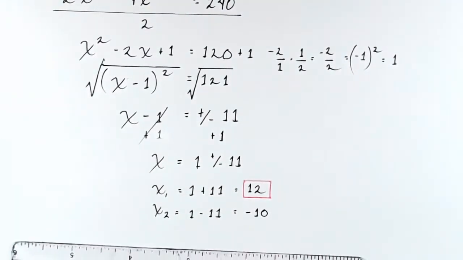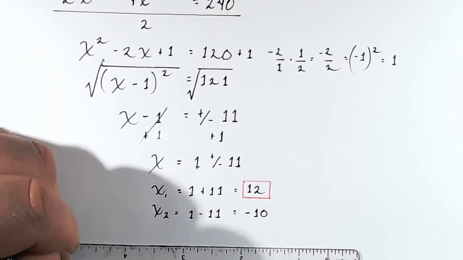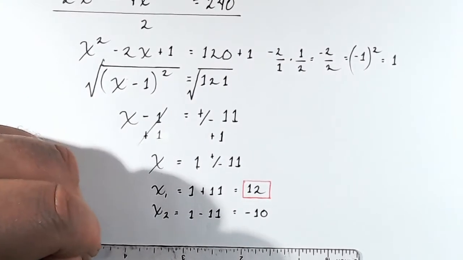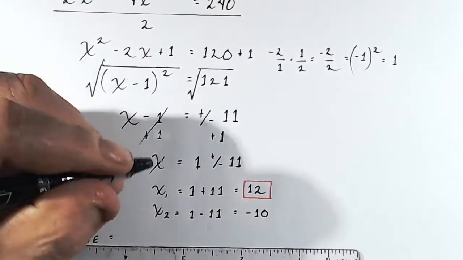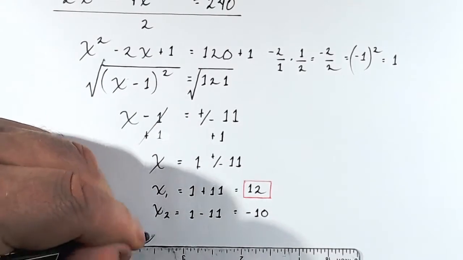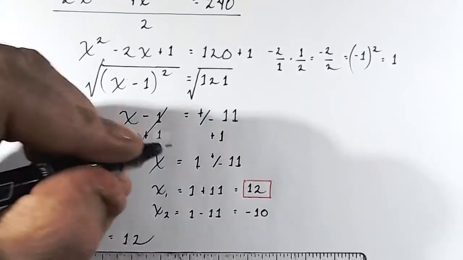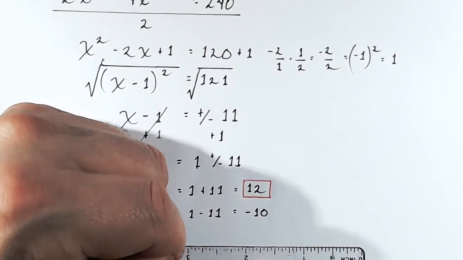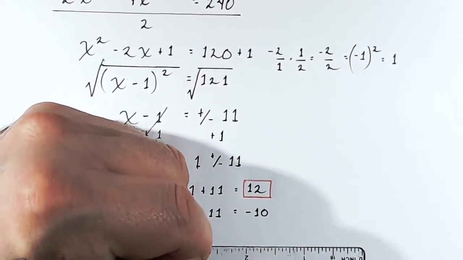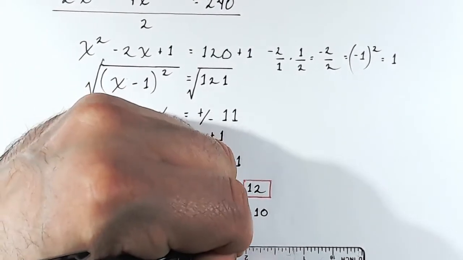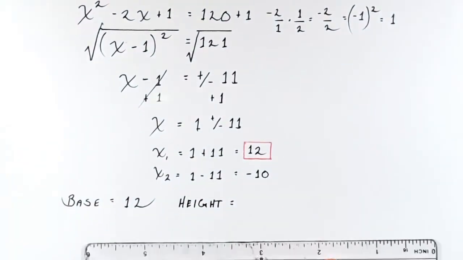So if the base is x, we can write base equals 12 because x is 12. The height is equal to 4 less than twice the base.